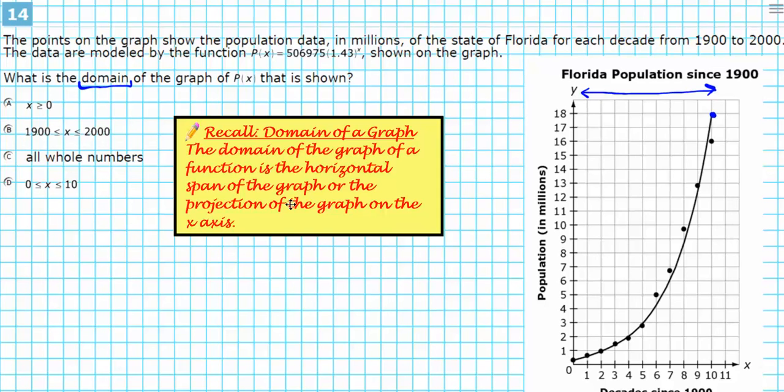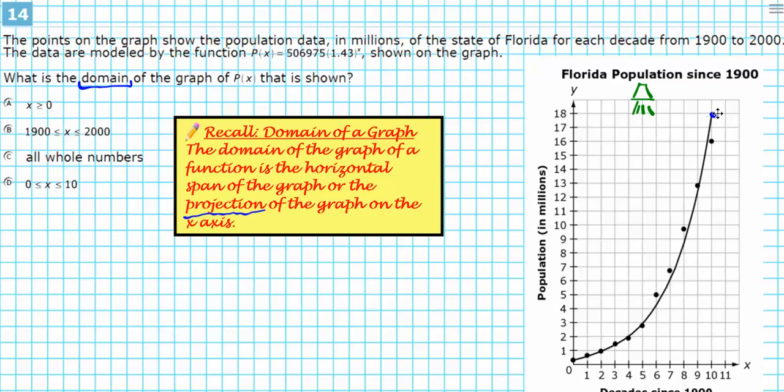Okay. Using the idea of projection on the x-axis, think about taking a flashlight. You flash it on this function right here. So there goes your flashlight. What kind of shadow will this graph cast on the x-axis? That is the projection of the graph on the x-axis.